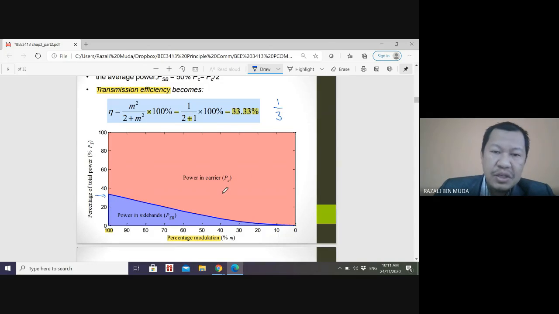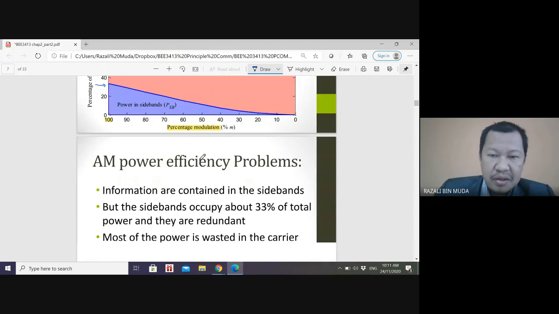However, our information is transmitted in the sideband. There is no information transmitted in the carrier. So that is quite a problem.